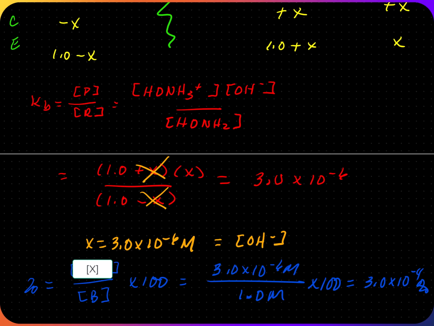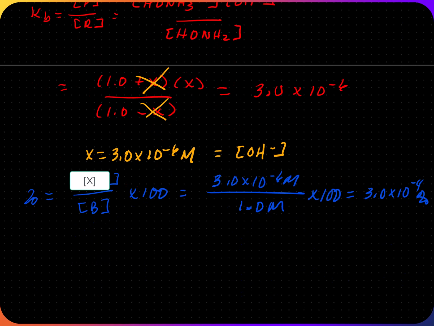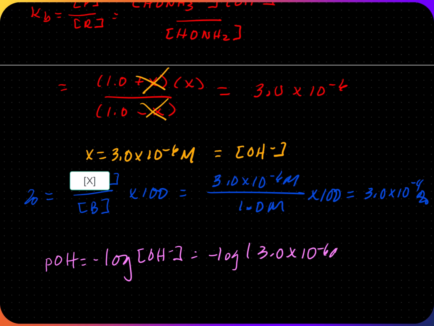Now we need to calculate the pH. Since the OH is given, there's two ways we could do this. I'm going to solve for pOH, which is negative log of OH minus. This is negative log of 3.0 times 10 to the negative 6 molar, which is equal to 5.522878.